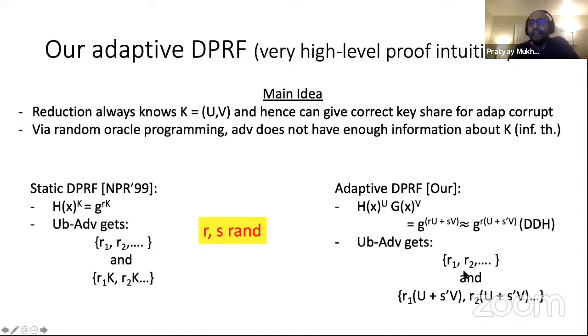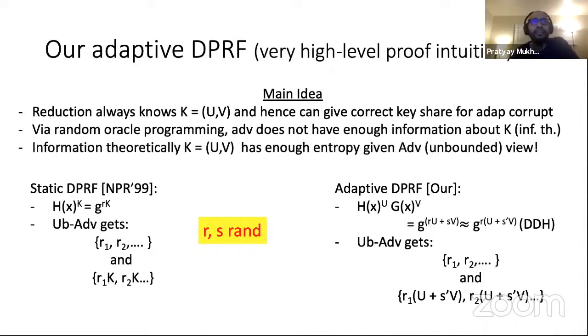An unbounded adversary gets information like r1, r2, and r1 times u plus s' v, r2 times u plus s' v, and so on. So s' is the same. That's actually the main trick here. And that's how it behaves like universal hash functions, as the proof is similar to the hash proof system. Information theoretically, K has enough entropy given the adversarial view. That's the trick here.